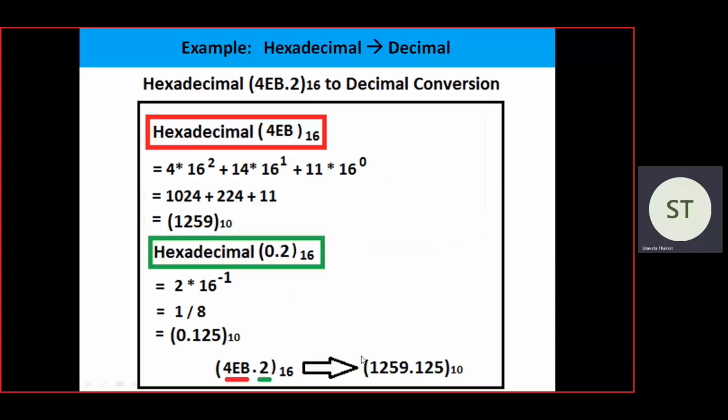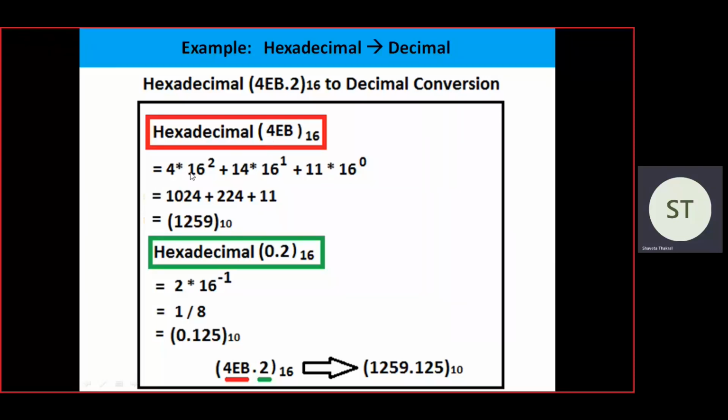Now we are converting hexadecimal to decimal, and for this conversion we are using the sum of weight method. Here the weights are assigned as: for this particular digit it is 16 raised to power 0, for this digit 16 raised to power 1, and for this digit 16 raised to power 2.